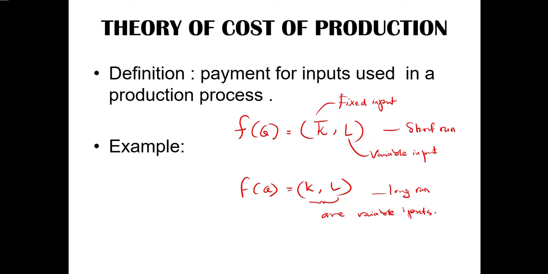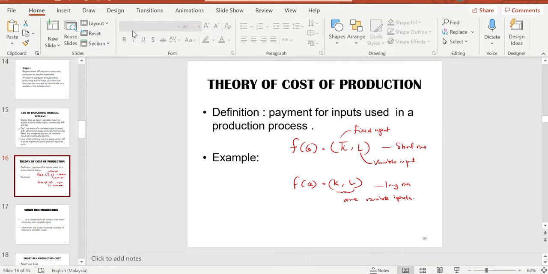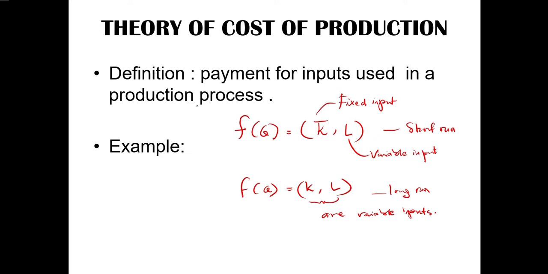Okay, so now let's see the cost of using these inputs. Cost adalah payment for inputs that is used in the production process. So in the short run, we are using two types of input, which are capital and labor.